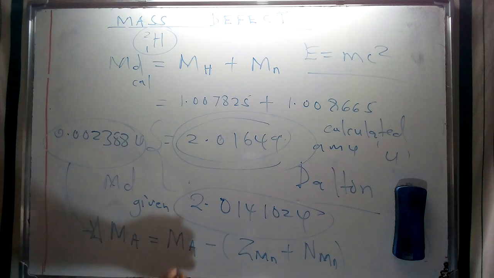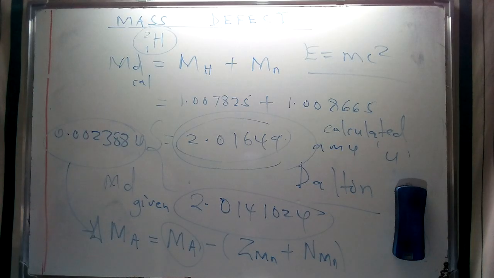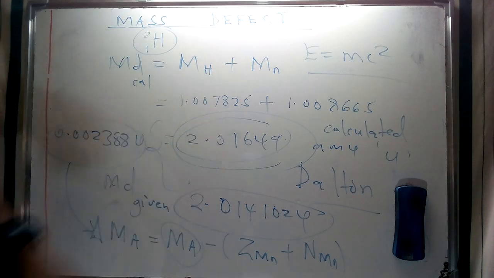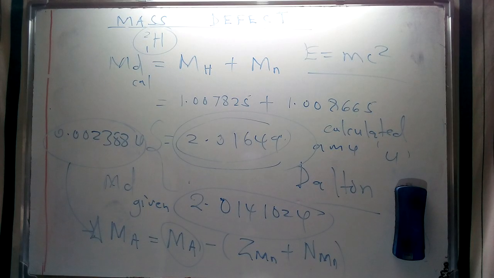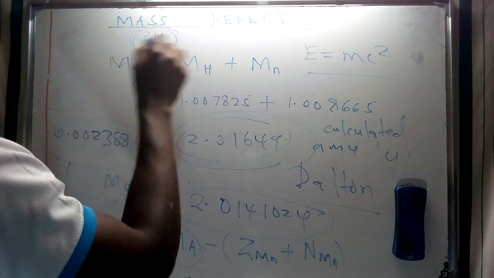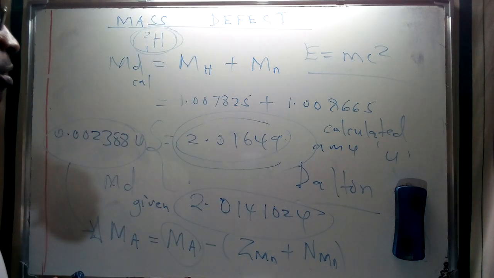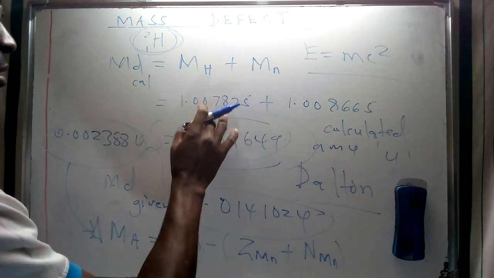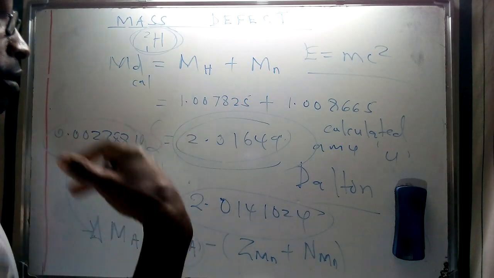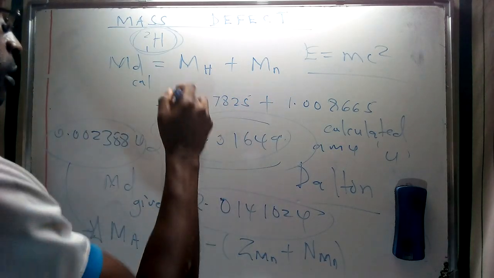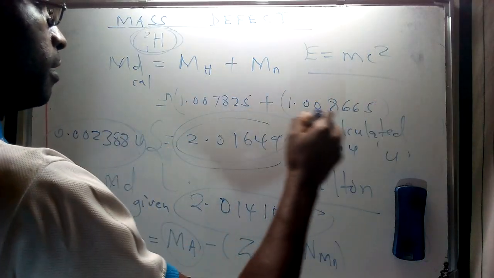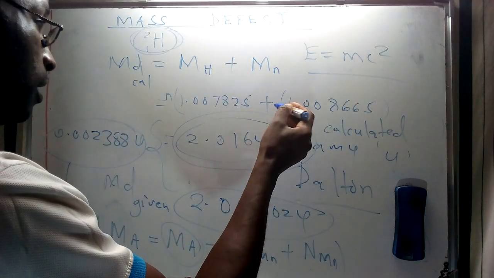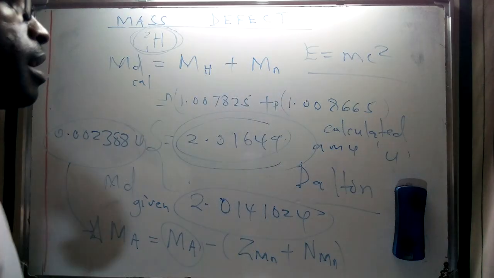If you look at this, this is the given mass, and this is the mass of the neutrons and protons as calculated from this example. These are going to be constant in some areas, since this isotope, deuterium, has one proton and one neutron. As the protons and the neutrons increase, this can be multiplied by specific integer values depending on the number of neutrons and protons.